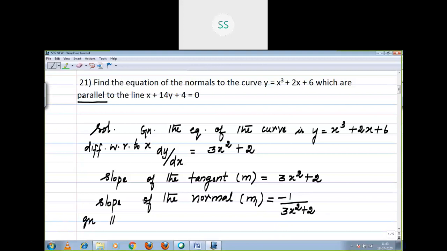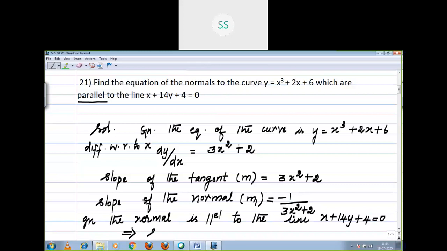Given the normal is parallel to the line x plus 14y plus 4 equal to 0. That means what is your conclusion?